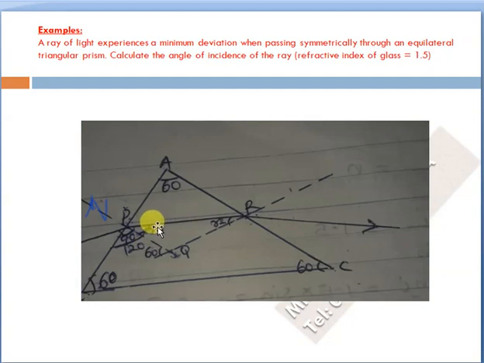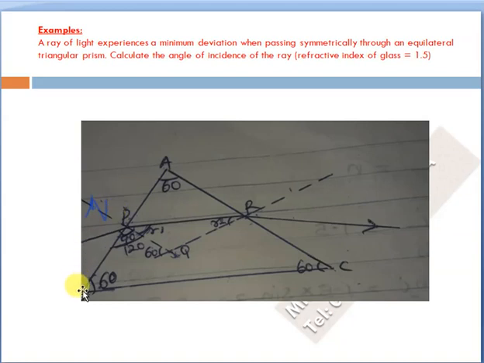So if you want to find angle BPR, it will be 180 minus 60, and that will give me what? 120. So angle BPR will give me 120. Now, also take note that NPQ is normal to AB. Look at your N, your P, and your Q is normal.